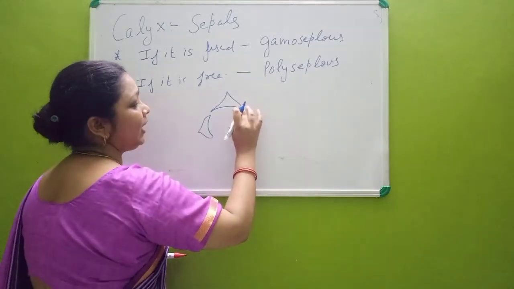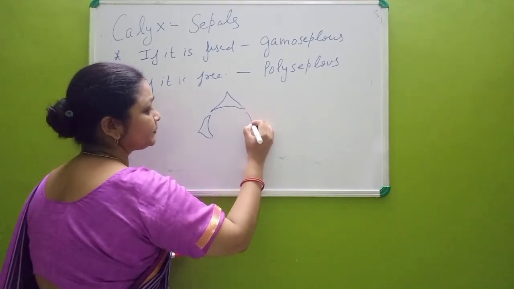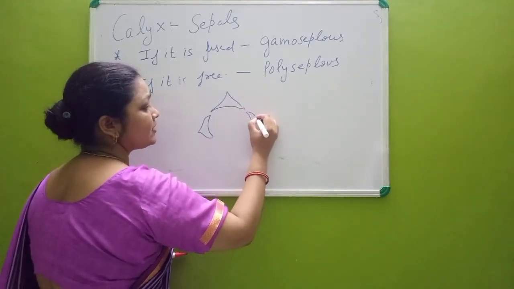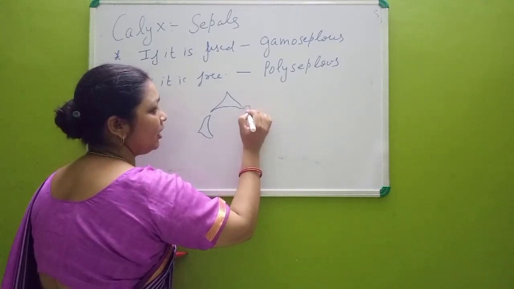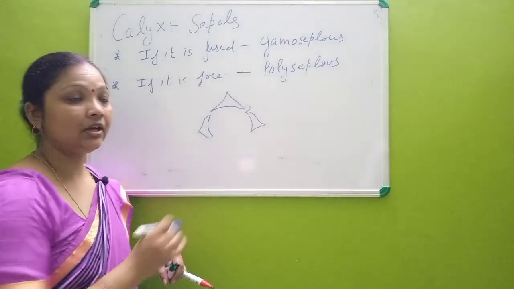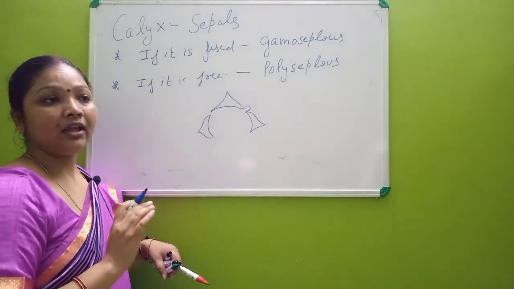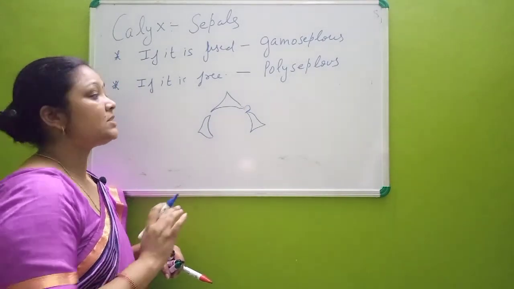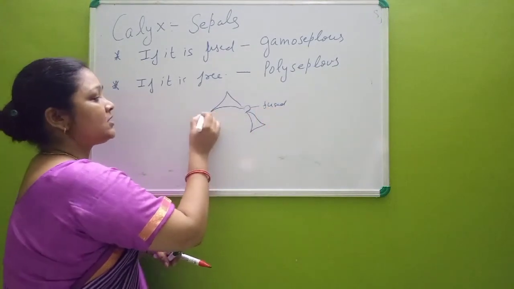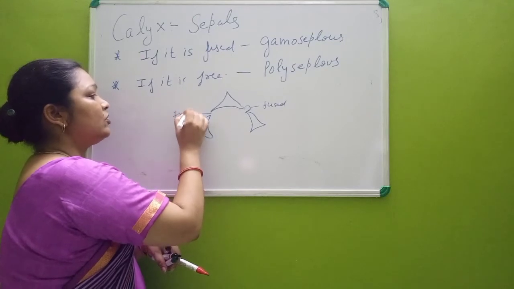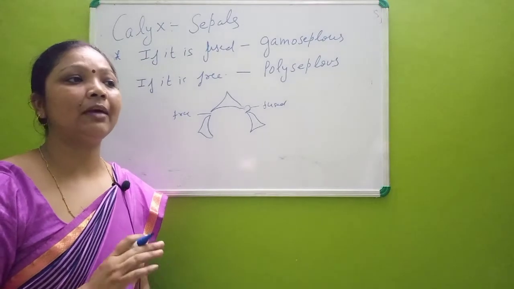But if the sepals are fused, that is gamosepalous, then we will make an outgrowth, a hook-like structure, showing that the sepals are fused. This structure means sepals are fused, and this gap is free. So free means polysepalous and fused means gamosepalous.